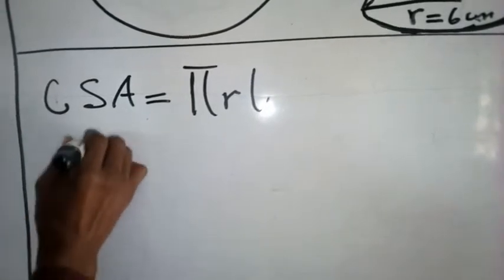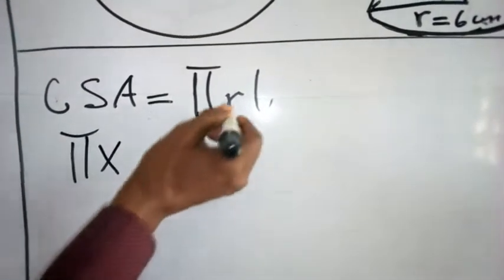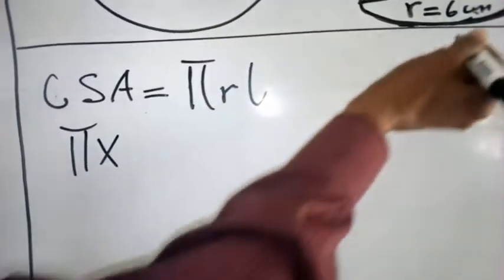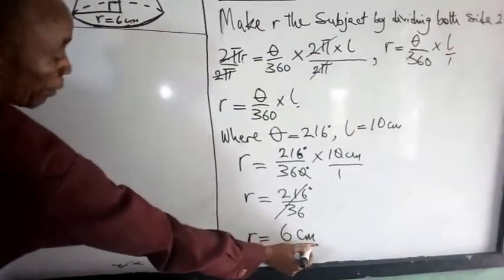So pi times radius. We have found our radius to be 6. Don't forget, we have found the radius here to be 6.